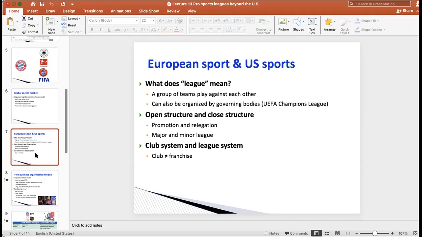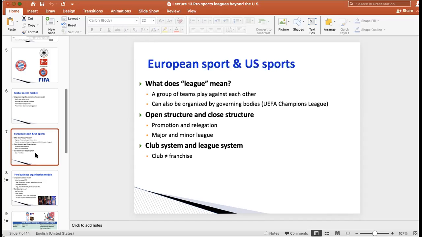The NBA is the NBA, and USA Basketball, which is a national governing body, is a separate governing body. So the NBA and USA Basketball have a collaborative relationship, but they're separate. In Europe, it's different, right? We talk about Manchester United. You need to become a member of the Football Association, which is the English Football Association.